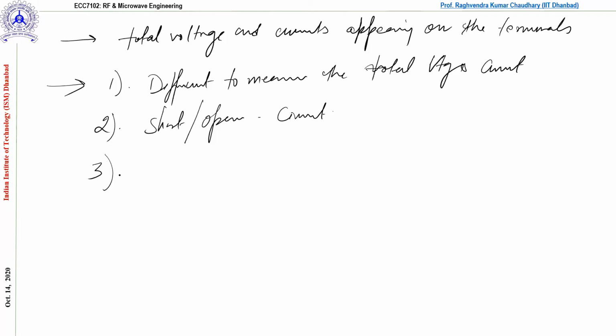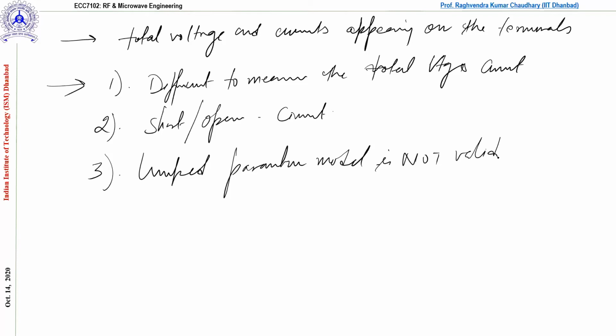The third reason is that the lumped parameter model we have seen is generally not valid at high frequency. The fourth point is that at microwave frequencies, or at high frequencies, the idea of a wave is more common as compared to the total voltage and current.